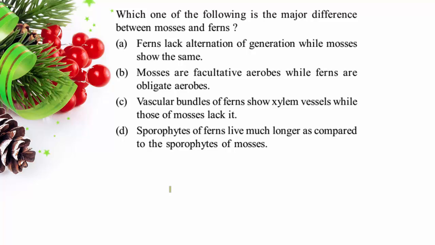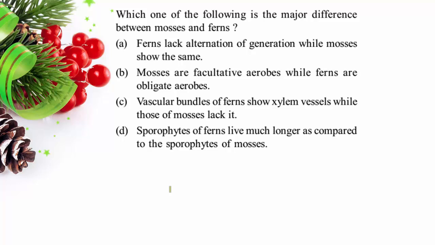Mosses are facultative aerobes while ferns are obligate aerobes. Vascular bundle of ferns show xylem and phloem while those of mosses lack it. Sporophytes of ferns live much longer as compared to the sporophyte of the mosses.